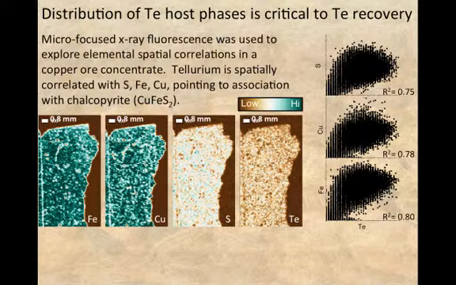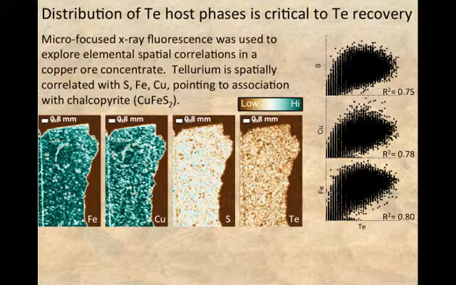Green means high concentration. I've also shown correlation plots, so you don't really have to use your imagination about whether these things are spatially correlated. And then I've offered a little bit of an interpretation of what we believe it means, that tellurium is clearly spatially correlated with sulfur, iron, and copper, which points to an association of tellurium with chalcopyrite.